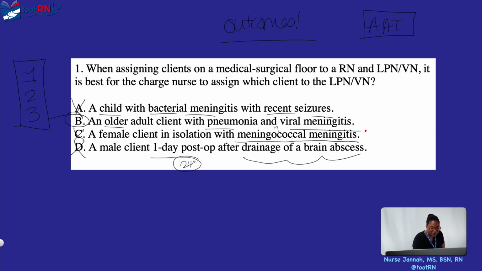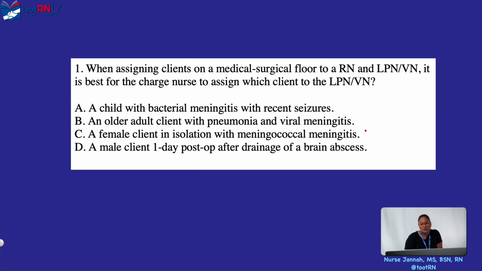Good job on that. Now, one thing I want to call out with this particular question, this question would belong to the category of management of care, right? And so if you're ever a student of mine, you've heard me say this before, management of care is a big category, right? Like a big piece of the pie, the NCLEX pool pie of questions, if you will. And so that's important because it's going to be really important for all of us, right?